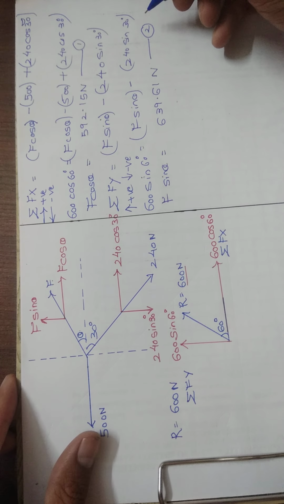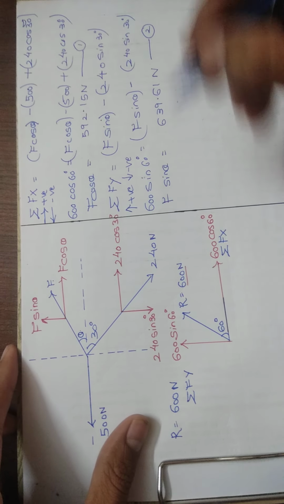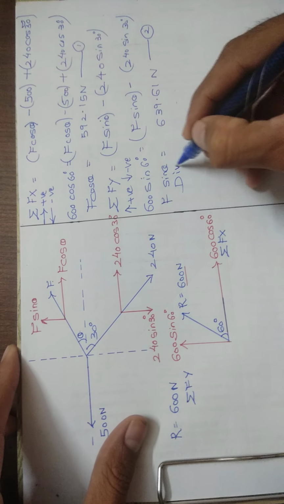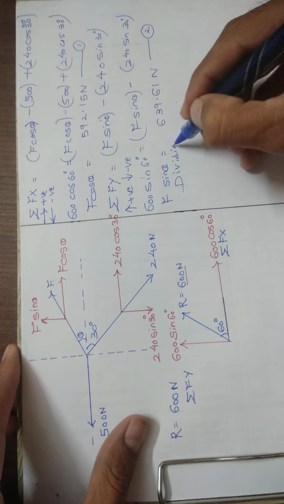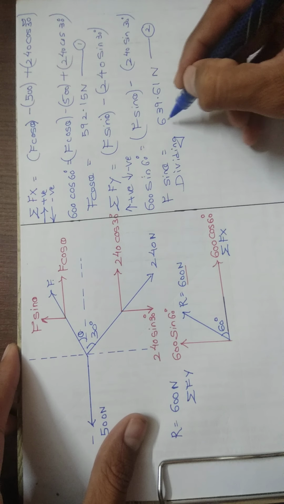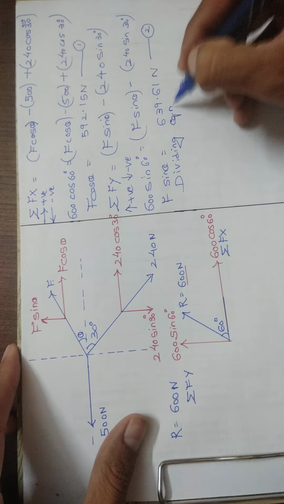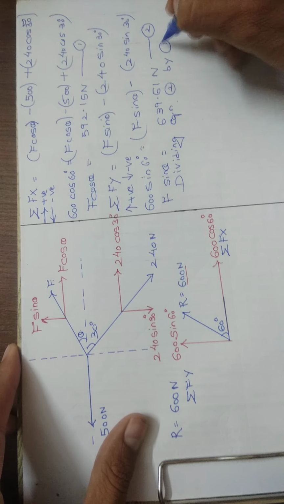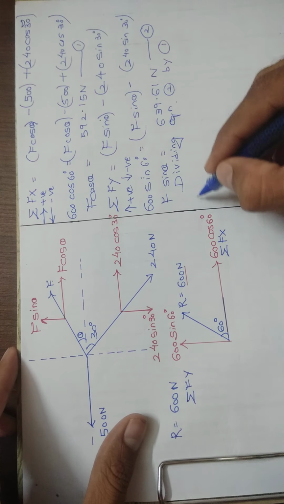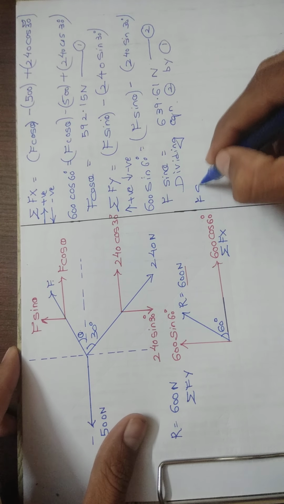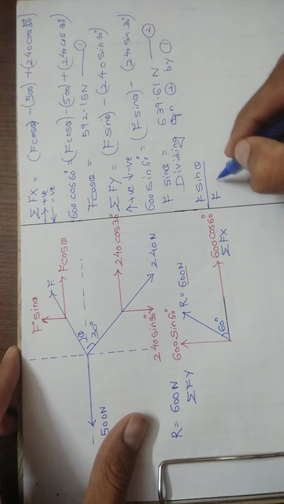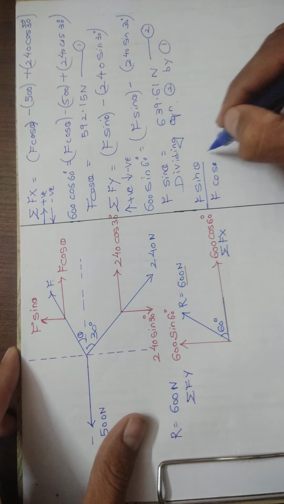So what is the formula for tan theta? Tan theta is sin theta upon cos theta. So we can divide equation 2 by 1, for convenience. So 2 is F sin theta divided by F cos theta.